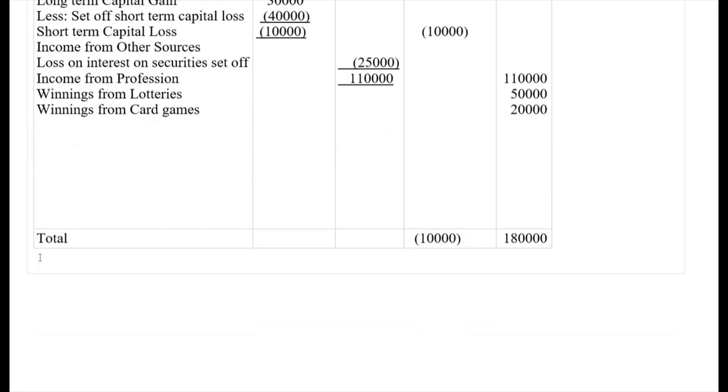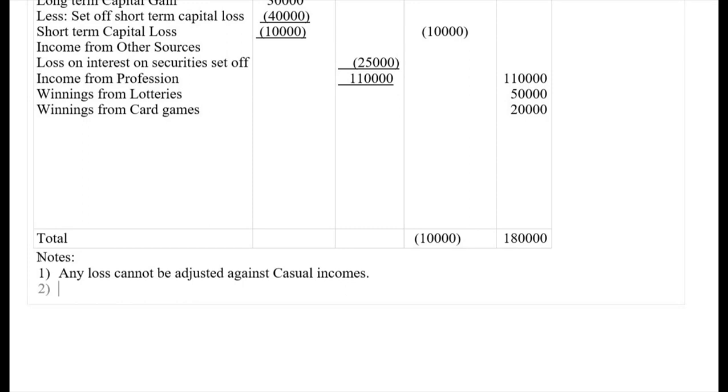Now let us give notes here. Any loss cannot be adjusted against casual incomes.